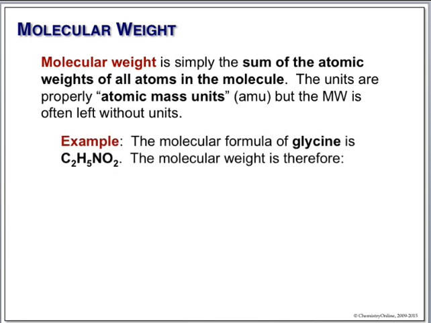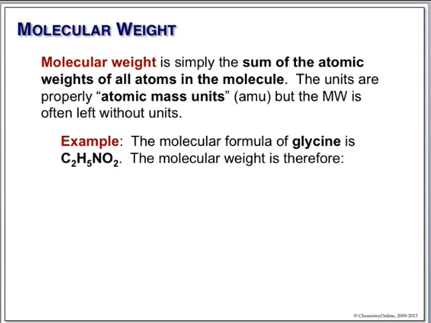Let's look at this amino acid glycine that we had in our hand here. This is the molecular formula. Glycine contains 2 carbons, 5 hydrogens, a nitrogen, and 2 oxygens. If we wanted to calculate the molecular weight, what we would do is look at our periodic table.